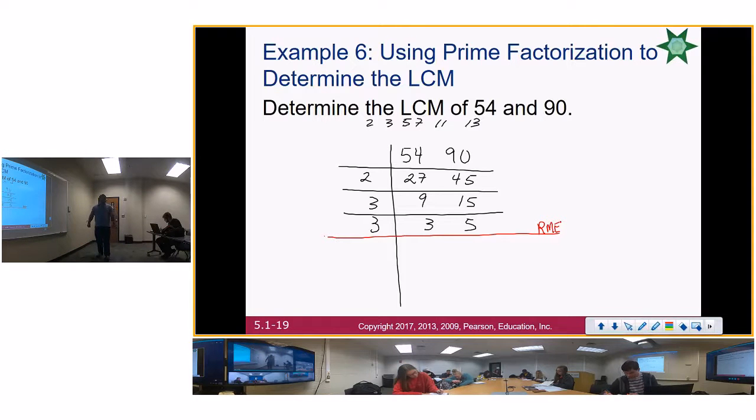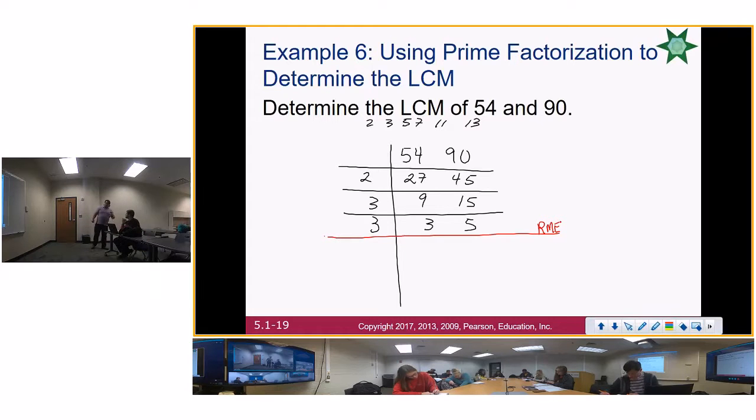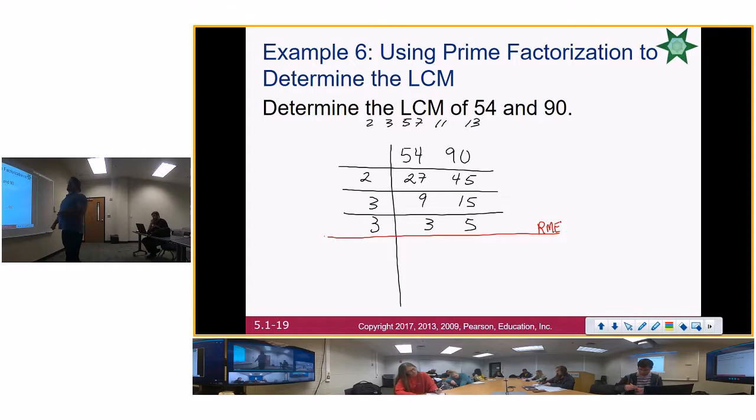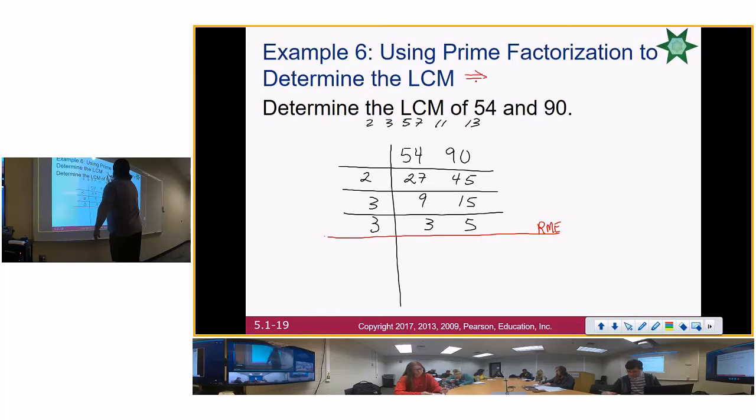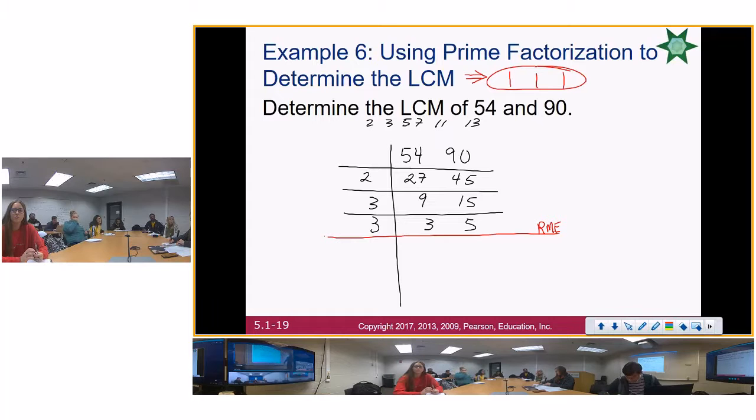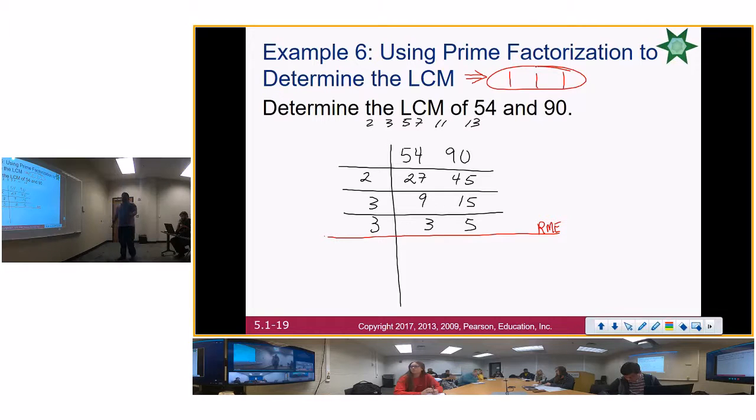Because there's nothing to divide into 3 and 5. The goal of least common multiple, you remember a while ago I said you got to have prime numbers? To find the least common multiple, you have to have all ones on the bottom. So I need to divide and get ones on the bottom.